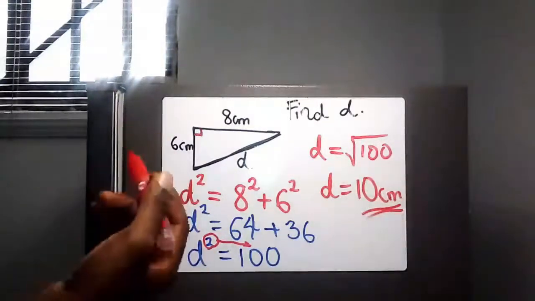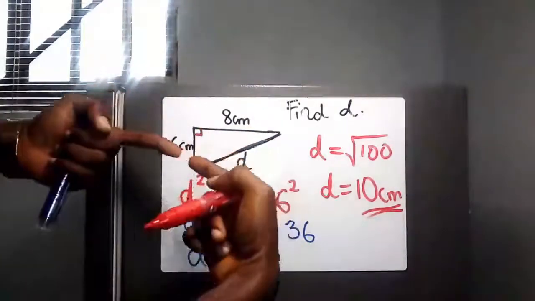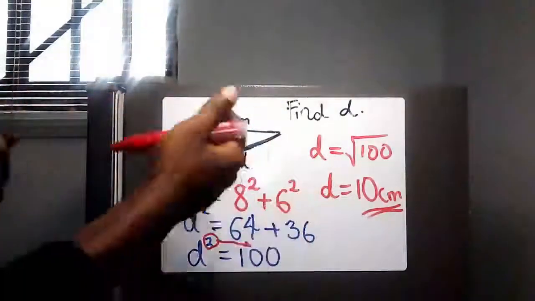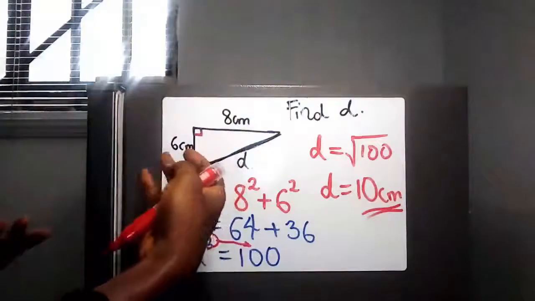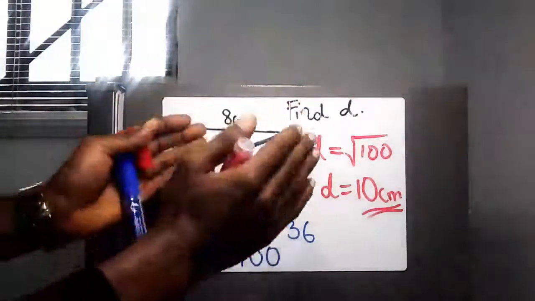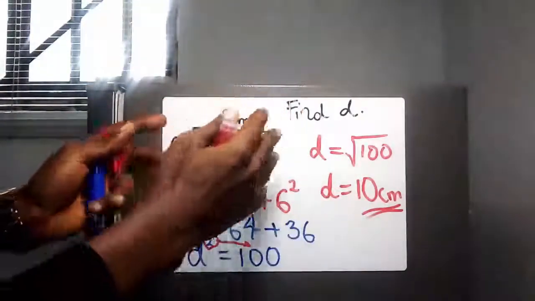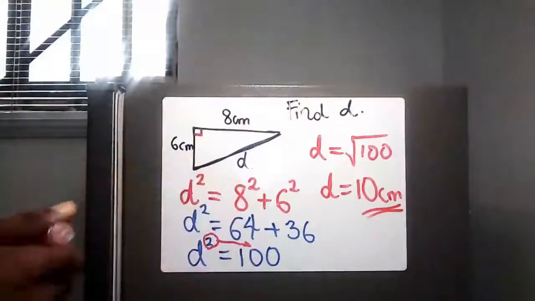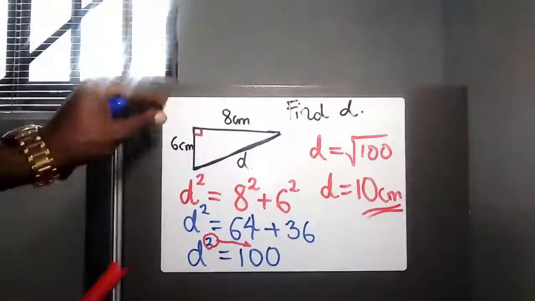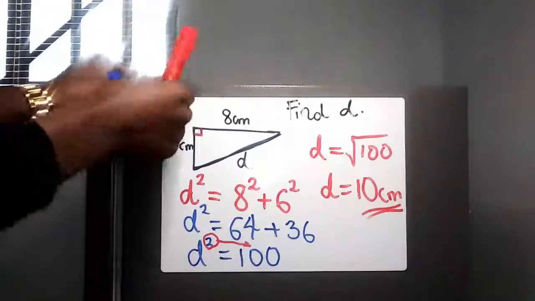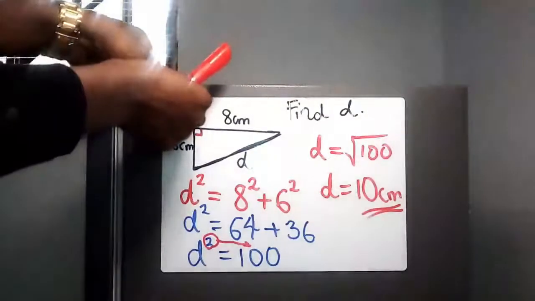And you notice the first one, the hypotenuse was 5. The other sides were 3 and 4. The hypotenuse is always the longest side of the right angle triangle. Okay, so let's take the third one, the last one for this Pythagoras theorem class.